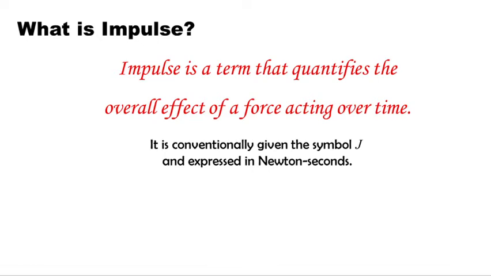So J siya para hindi tayo malito since maraming pwedeng maging meaning si I. So yung symbol na J na lang yung ating usually ginagamit. So impulse is equal to force times delta t, or change in time, or equal siya kay change in momentum na equal siya kay mass times final velocity minus mass times initial velocity.